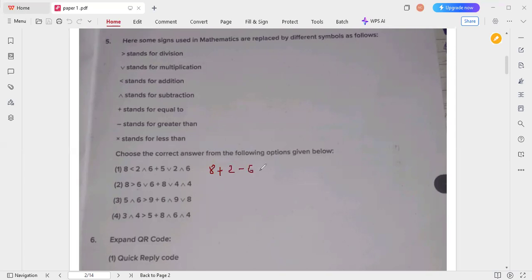So 5 into 2, minus 6. So 8 + 2 = 10, and 10 - 6. LHS equals RHS. So option 1 is the correct answer, when replaced by these different symbols and compared to the options.